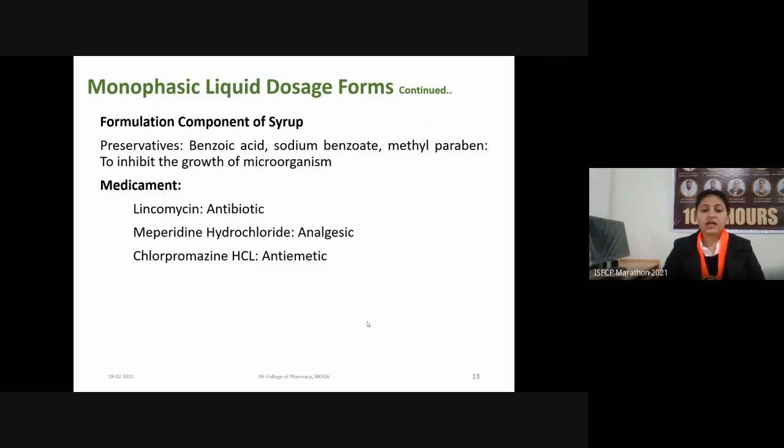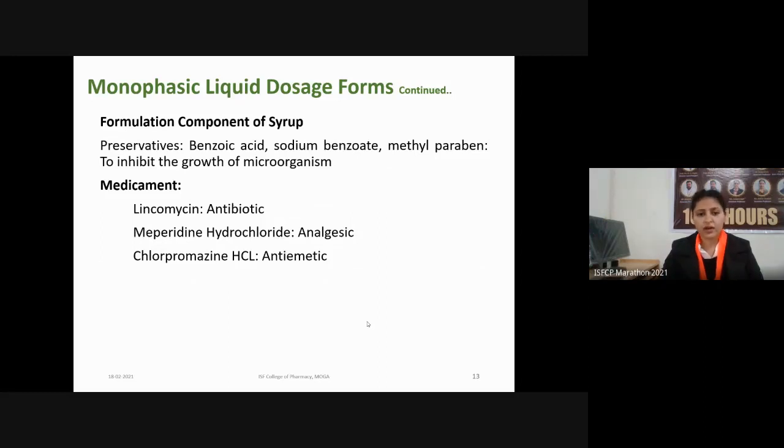The next is preservatives. Usually, we do not need preservatives in the preparation of the syrup because the syrup can act as a self-preservative. Because of its concentration of 66.7%, it will have a high osmotic pressure, which will not allow any microorganism to grow in that particular syrup.